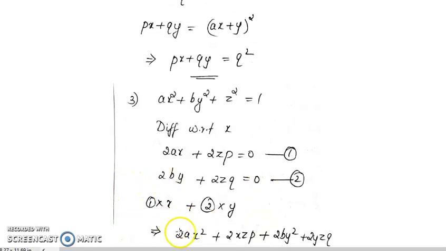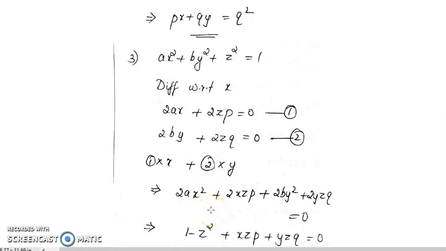And now if you take x times the first plus y times the second, you will get the equation 2ax square plus 2xzp plus 2by square plus 2yzq equal to 0. So here you will have 2 times (ax square plus by square), which you can replace by 1 minus z square from the equation of the function.